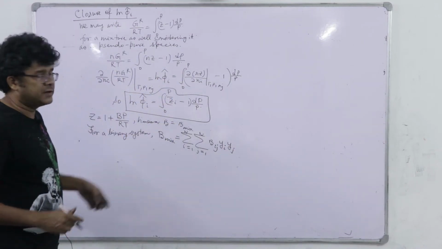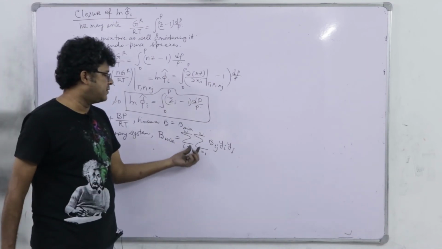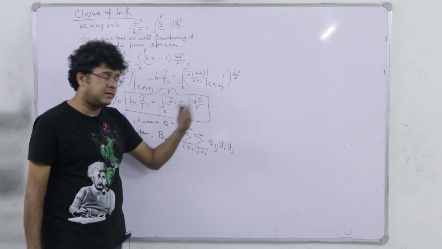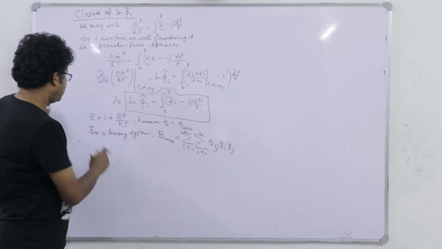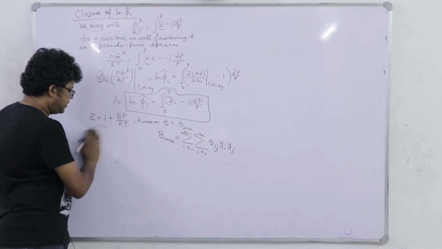The mixing rule for the second virial coefficient is the summation over i, summation over j, Bij yi yj, right.